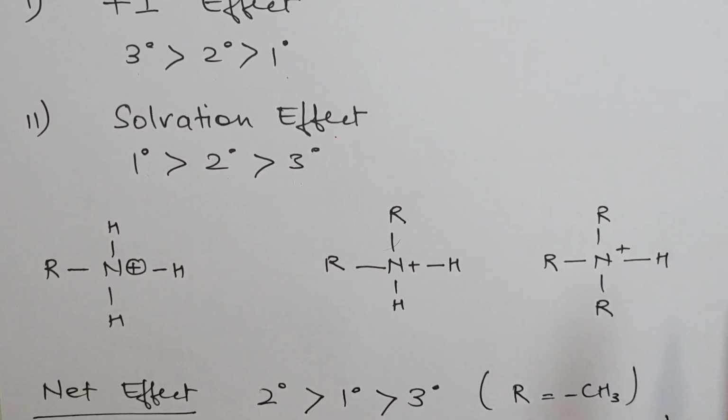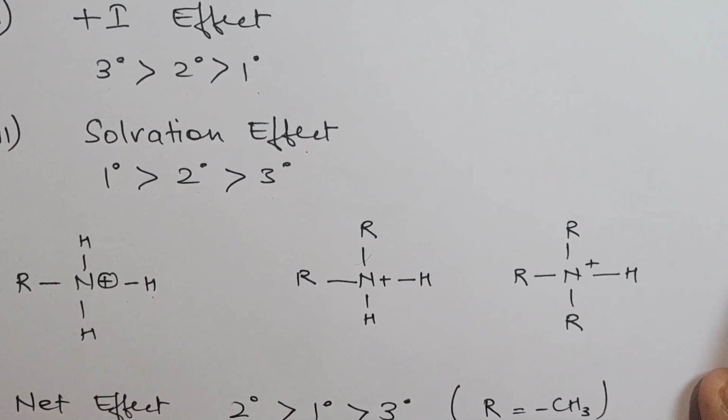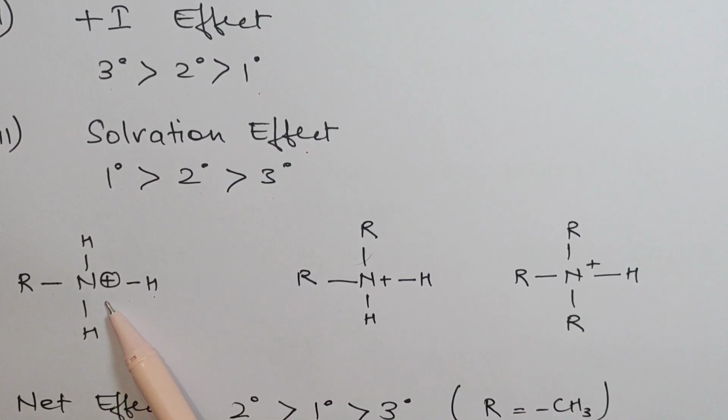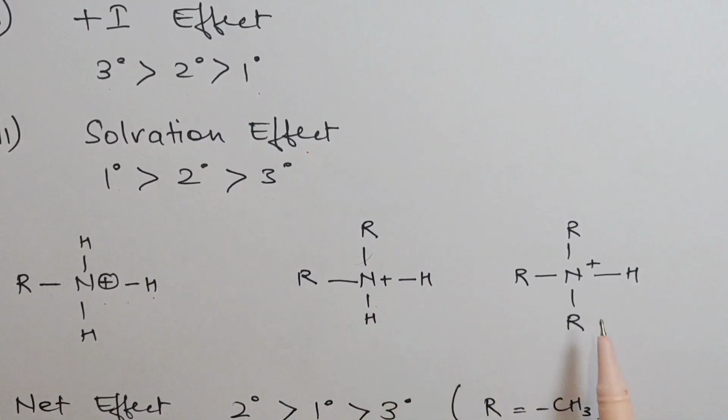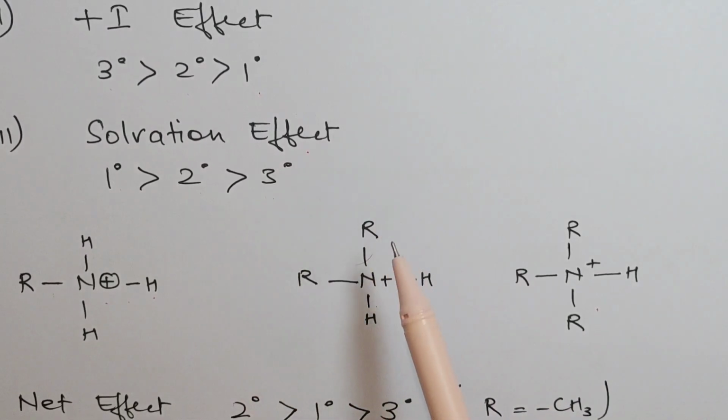So, upon grabbing the proton, this is the substituted ammonium ion. Now, this is primary substituted ammonium ion, this is secondary substituted ammonium ion, and this is tertiary substituted ammonium ion. When we talk about aqueous phase, definitely there is going to be water.